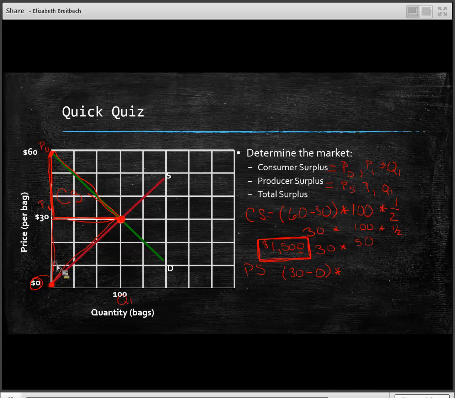This is 30 minus 0, the difference between the price and the willingness to supply for all 100 producers. Since we have a triangle, we multiply this by 1/2. We can do 30 times 100 times 1/2, which is 50, again.